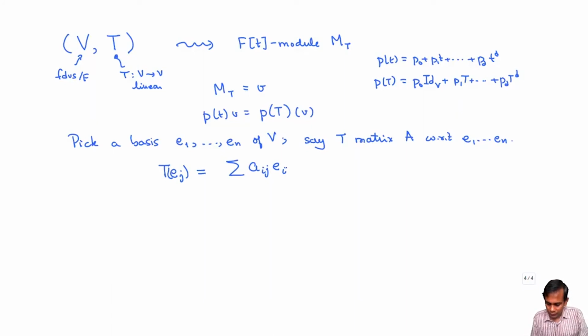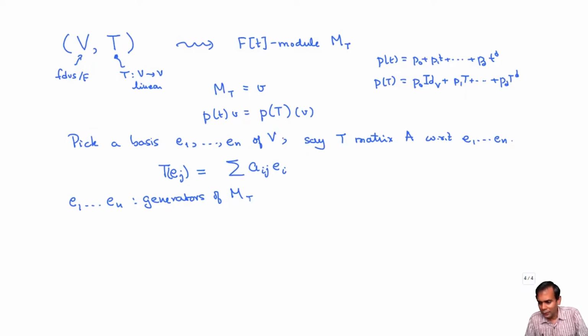Now we can think of e1, e2, up to en as generators of the F[t] module M_T. Of course there may be a lot of redundancy, but they actually generate M_T as an F vector space. They form a basis of M_T as an F vector space. Therefore they certainly generate M_T as an F[t] module.